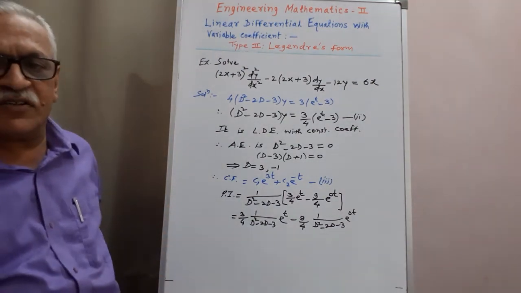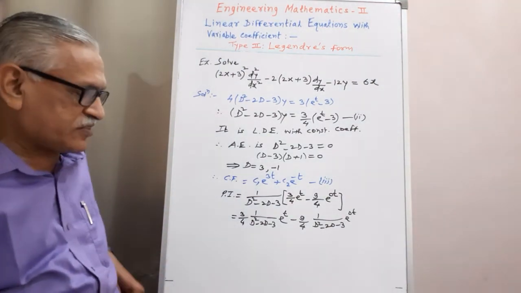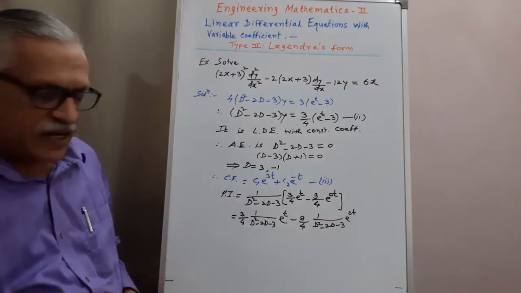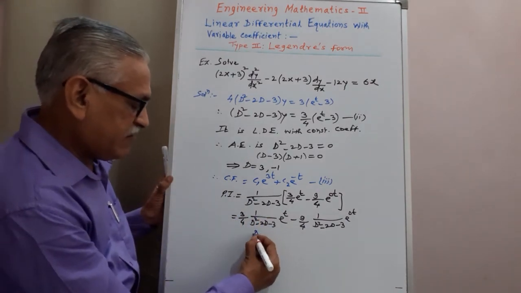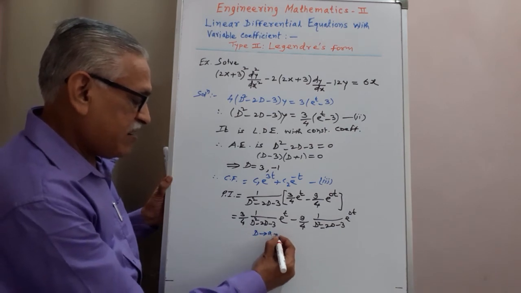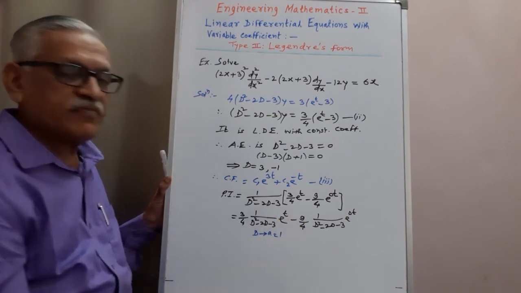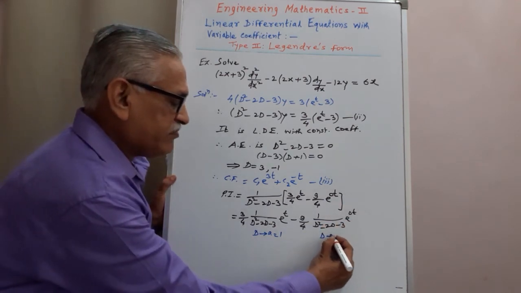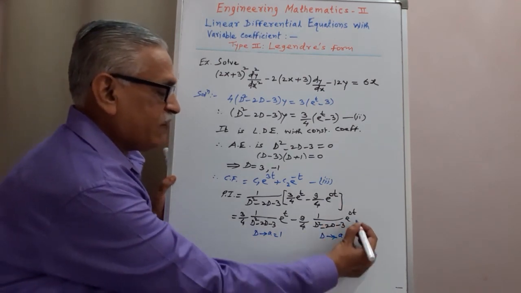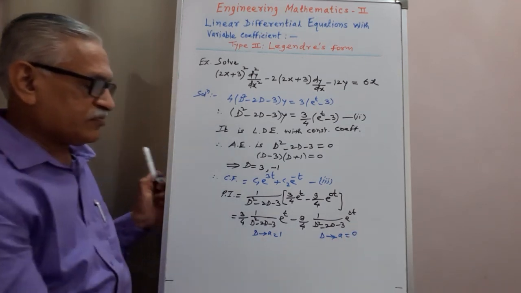The term on the right hand side of the operator is of e^(at) type, and therefore D is replaced by a. The value of a in the first term is 1, the coefficient of t, and in the second term the value of a is 0.